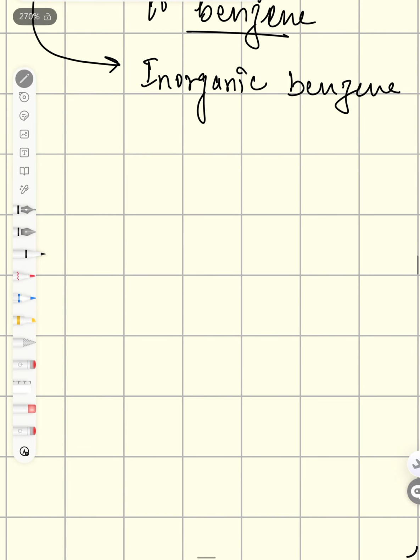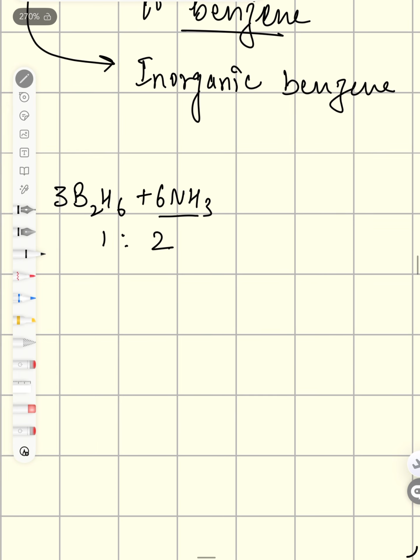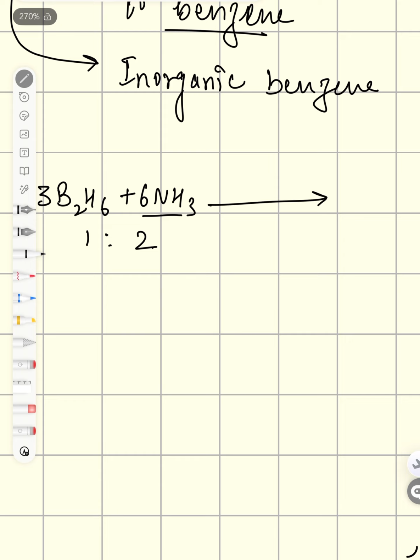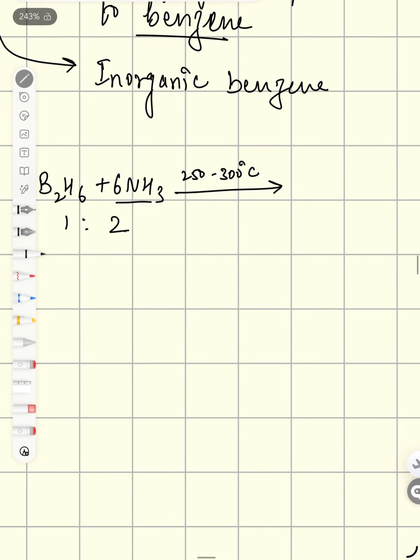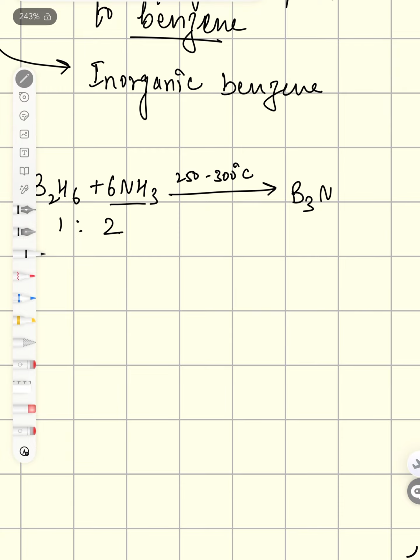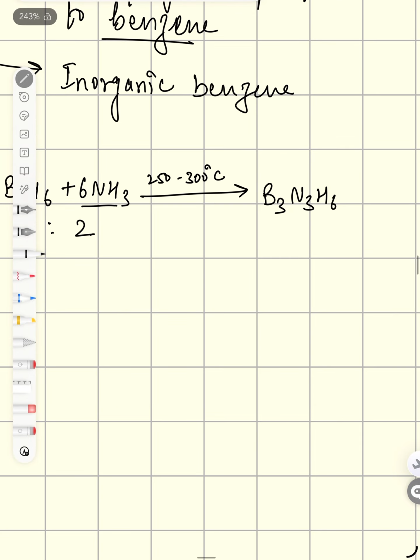When you react diborane with liquid ammonia in 1:2 molar ratio, it means if 3 moles of diborane are reacting, twice that, that is 6 moles of ammonia, will react at 250 to 300 degrees Celsius to form borazine, B3N3H6, and 12 molecules of hydrogen are released.